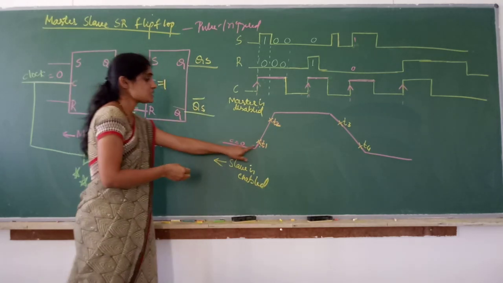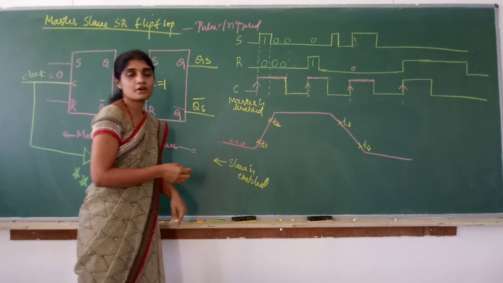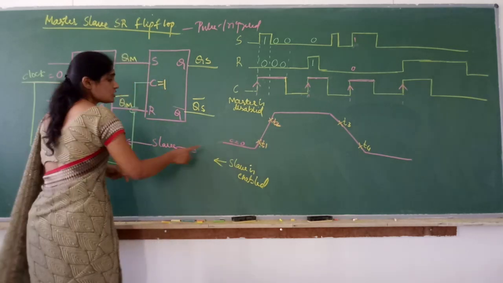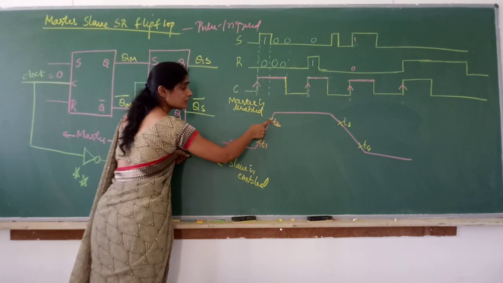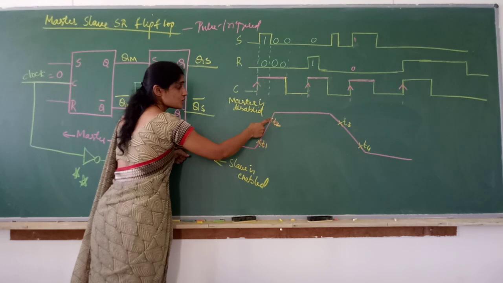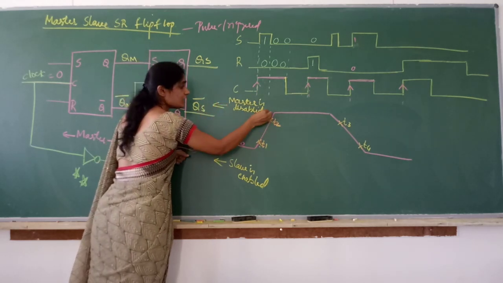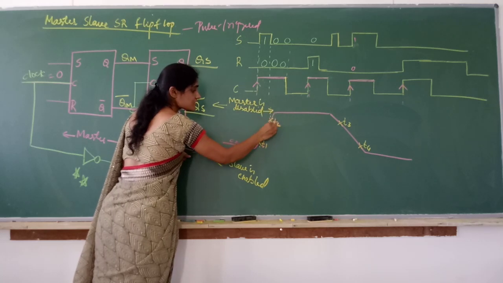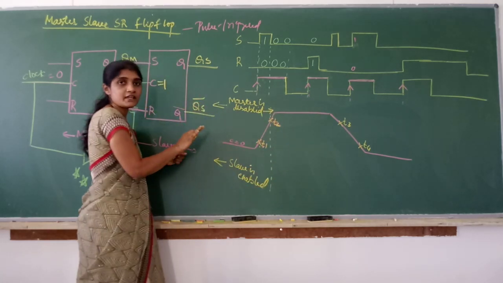Till T1. As soon as the clock pulse rises from T1, the clock is becoming 1, but we have to take clock 1 from T2. Only when it reaches T2 is the clock 1. So till T2 it is just like the clock is 0, and the master will be disabled.